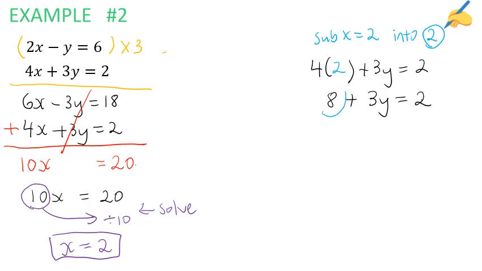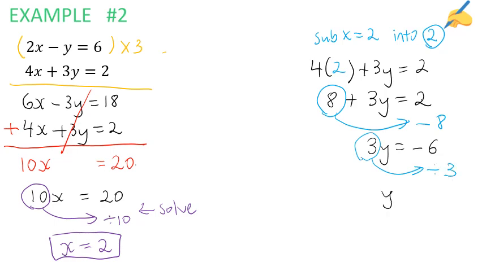I'm going to subtract 8 over to this side. So I've got 3y equals negative 6. And now divide by 3. y equals negative 2. So therefore, my point of intersection is at 2, oopsies, yeah, 2, negative 2.